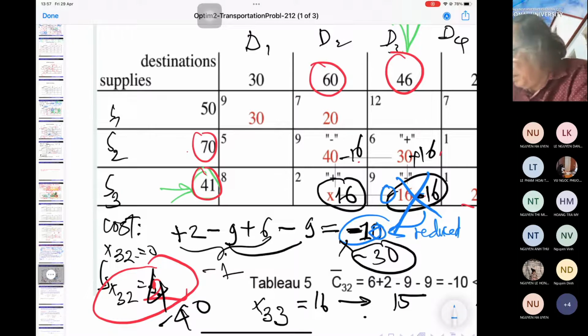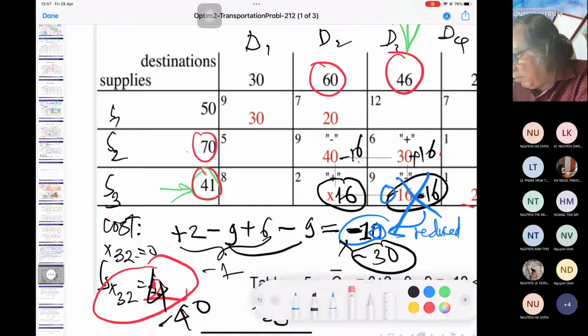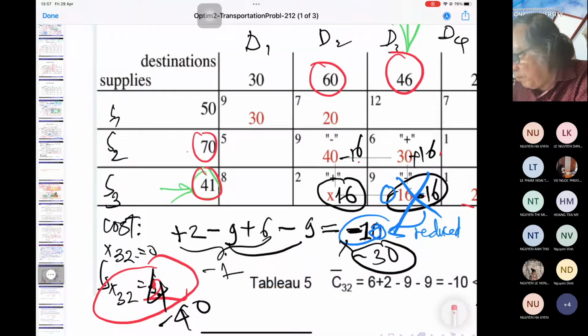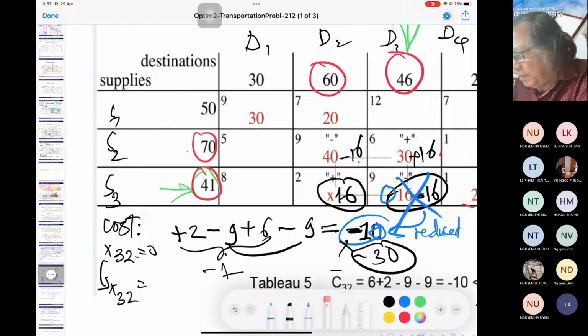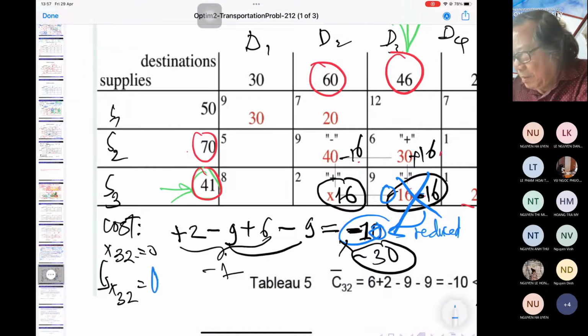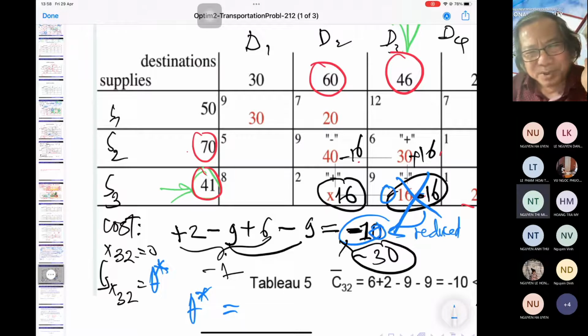And what is 16 here? Can you tell me in general? What is the maximum we can move here? The maximum theta star we can move is equal to what? You can get marked if you have a good answer to this question.